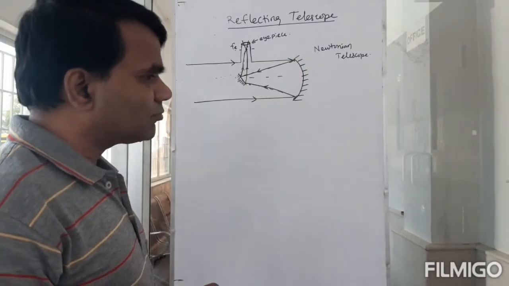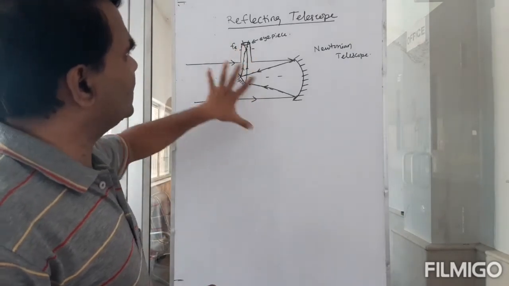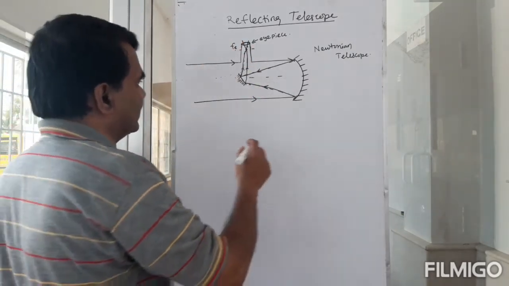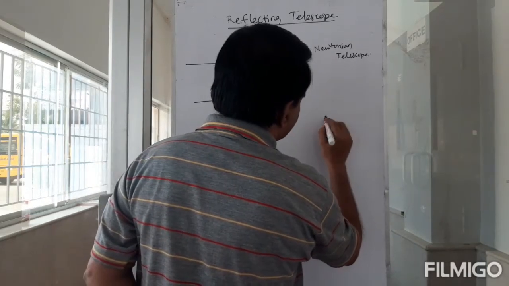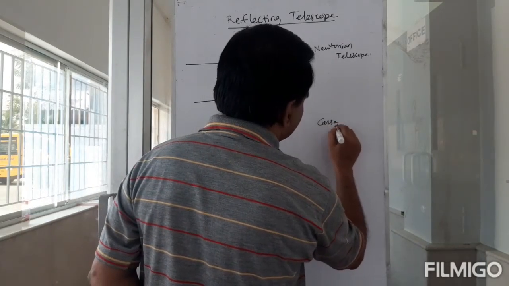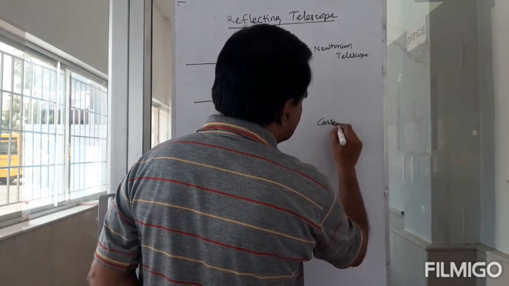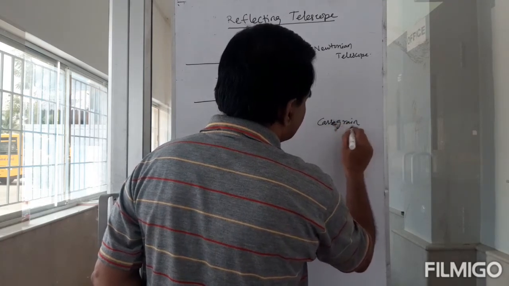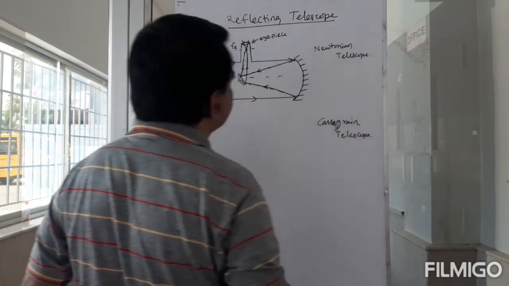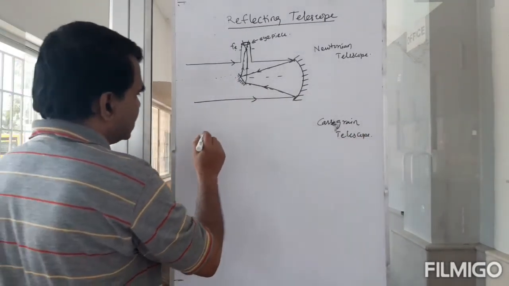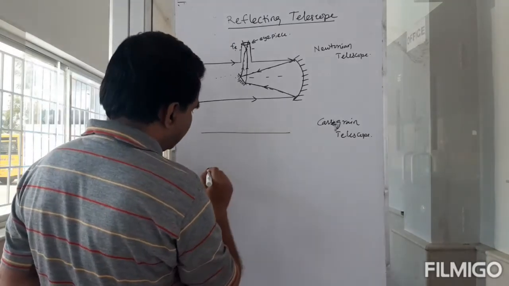There is another telescope which is called the Cassegrain, which uses the same thing with a slight modification. Cassegrain telescope, C-A-S-S-E-G-R-A-I-N. So what happens is, in this telescope you have the same primary mirror.